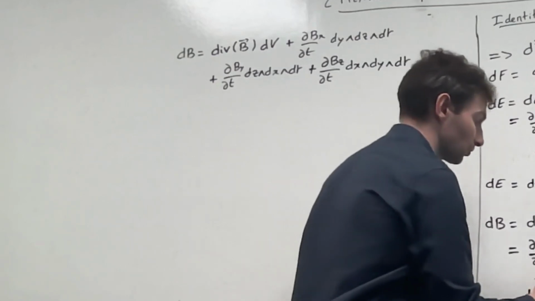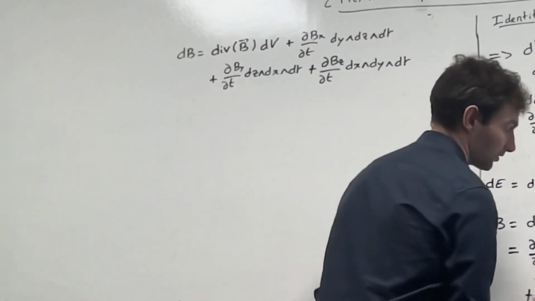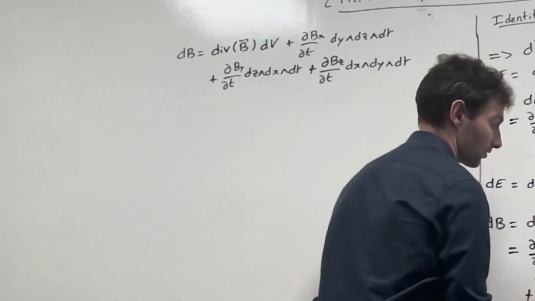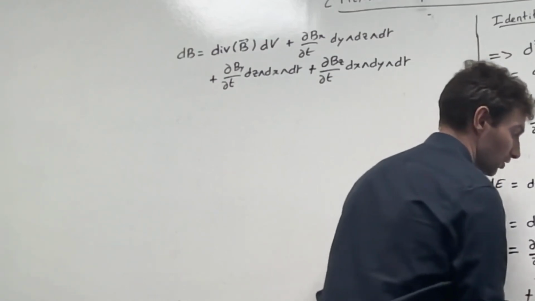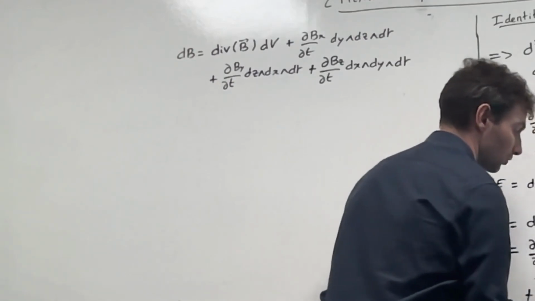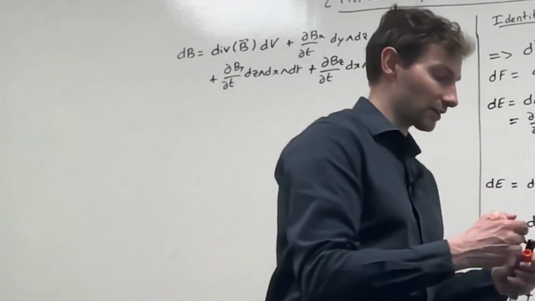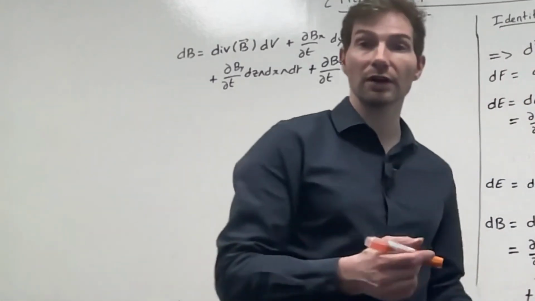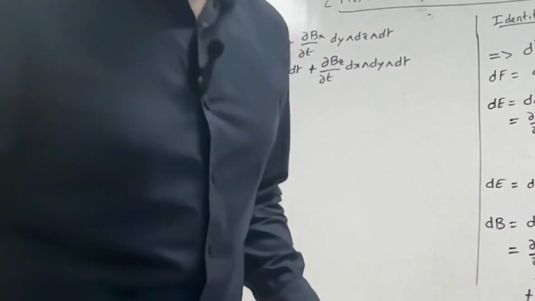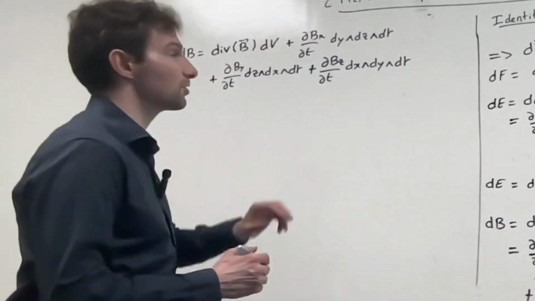So what you need to do is drag the dt from the first to the second position, and then from the second to the third. As you do so, you get a minus sign each time. And for every one of these, you need to do it twice, so you get a plus sign. That's what I've used here.